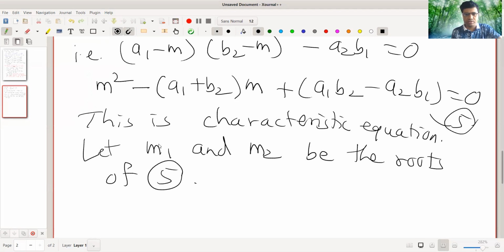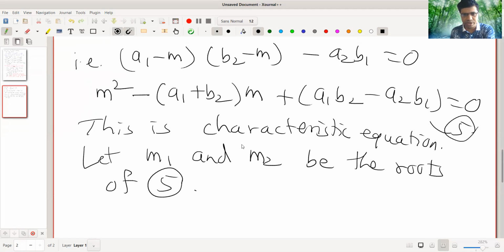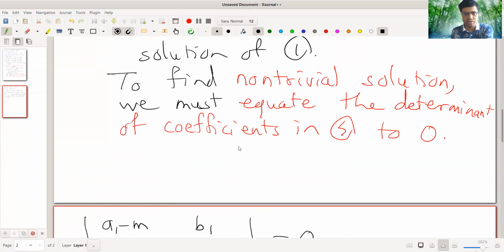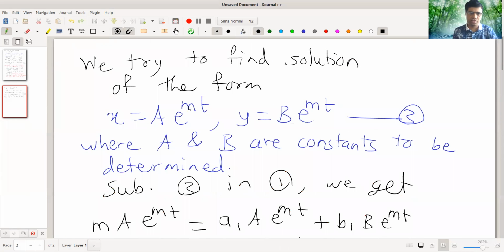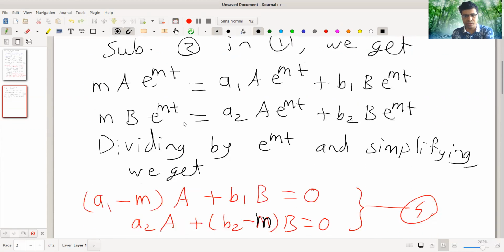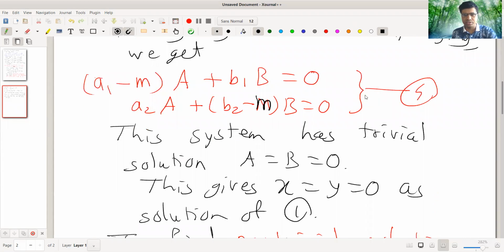So once we get these values, we replace this M in 3 by M1 and then M2, and then we get the values of capital A and B using this 4.